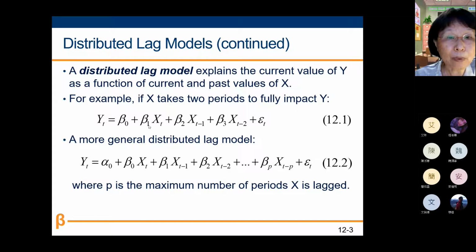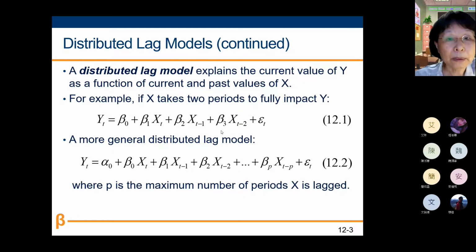So in the example of money supply affecting the GDP, Xt, Xt minus 1, and Xt minus 2 are the same money supply, but different time periods. So is it possible to have a multicollinearity problem with equation 12.1? We would guess it is highly possible.